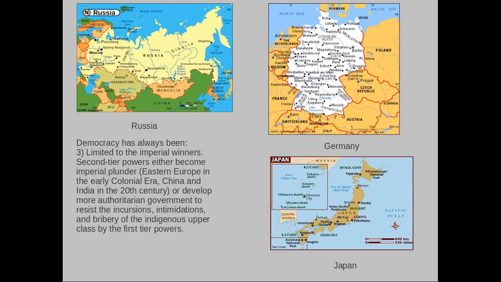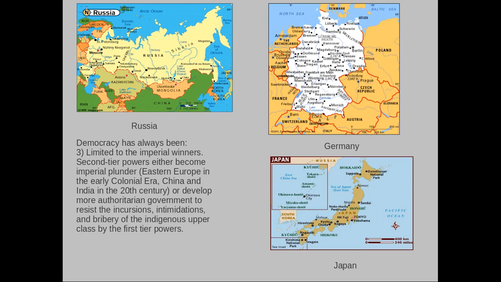So there's a strong motivation when you're a second-tier power to have strong nationalistic movements, which basically means, by our definitions now, less democratic. So Japan, Germany, and Russia were in much better shape than India or China because they developed stronger, more central governments with more authoritarian rulers who could more effectively resist the colonial incursions of the primary imperial powers, the British being the most powerful among them.